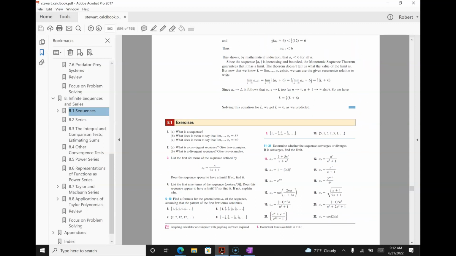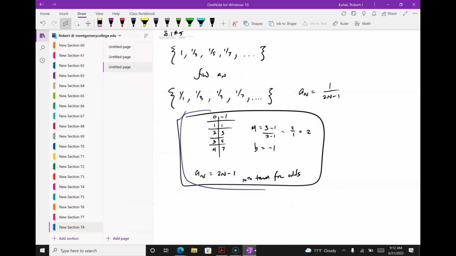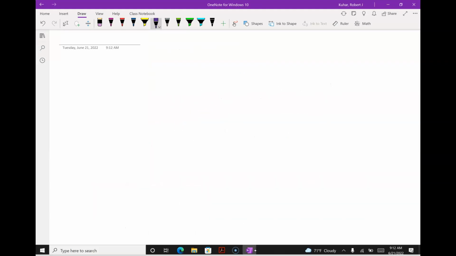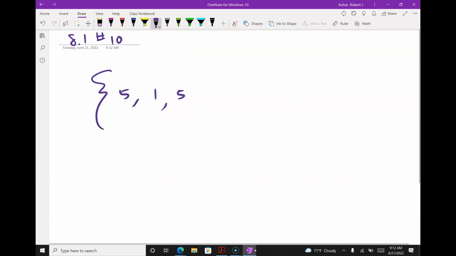Look at 10. 10 is kind of interesting. 5, 1, 5, 1, 5, 1, 5, 1, right? And this is a kind of fun one to come up with.